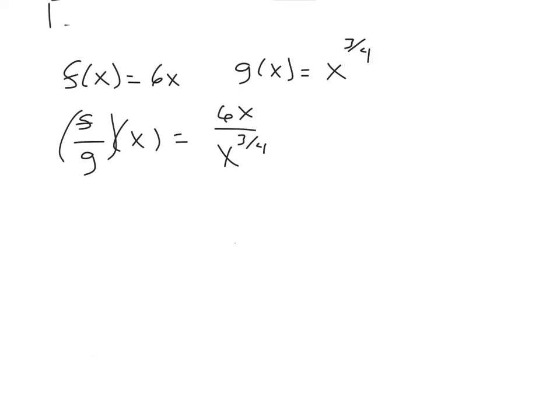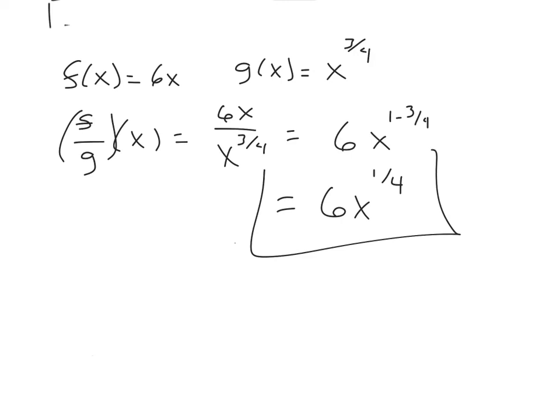Now remember, when you have this type of setup and you have the same base, they both have x, you're going to subtract, right? So technically what we're looking at here is 6x, that's to the 1 power, minus 3/4. Well, 1 minus 3/4 is 1/4, so that's 6x to the 1/4, okay? Now, that would be your answer, okay?